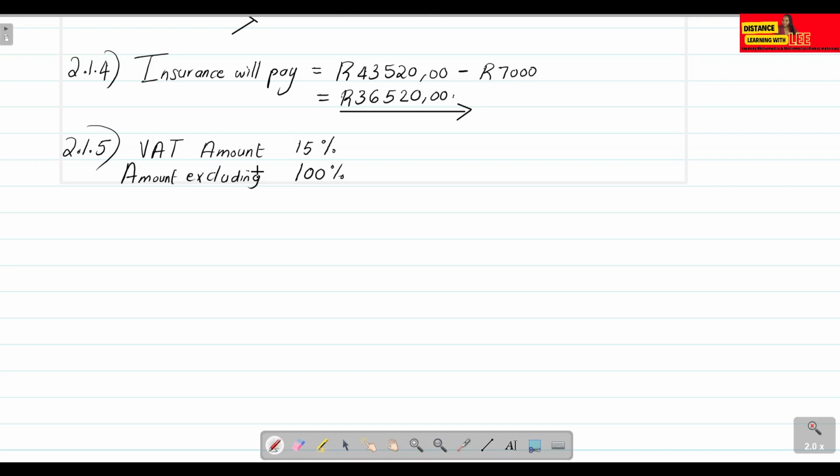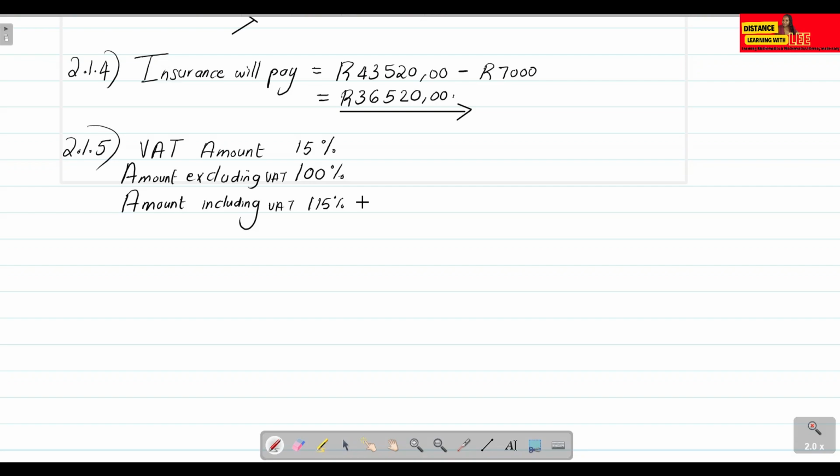And then the amount including VAT contains that 15% VAT. So in this case, the amount including VAT will be the 15% plus the 100%, which is 115%. If you're thinking of this solution in this way, you're not going to get anything wrong.